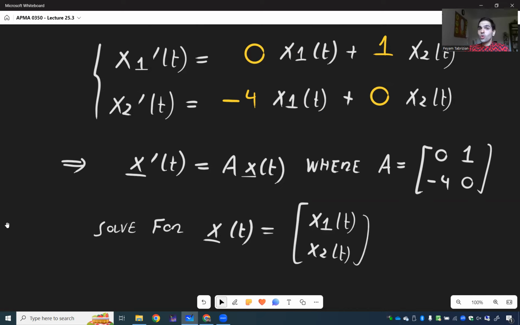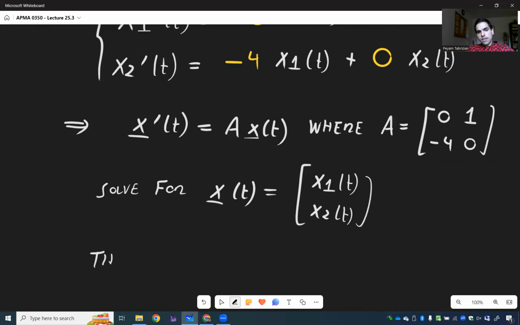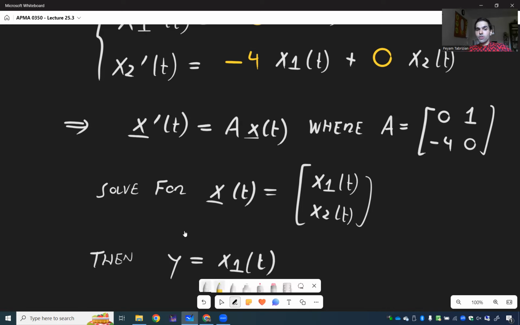And then what is your solution y? That's just x1. Then in fact, y is x1, and you will actually be able to see that this gives you a cosine of 2t plus b sine of 2t, which is really cool. So once again, you find the solution x of t, and you just look at the first component, and this gives you y, and the second component gives you, turns out, y prime.